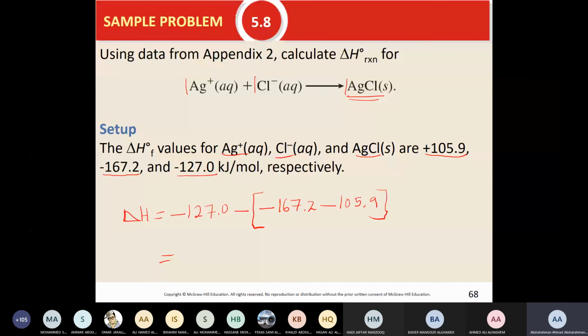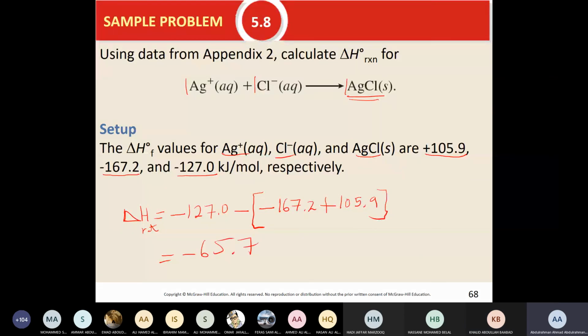Then you have the delta H of the reaction. Isn't it plus 105? Doctor, it should be plus. It's in parentheses, so it's all the same. I'll multiply it by minus at the end, and it will be all plus. Exactly. I put them as they are, but I multiply them at the end by minus. In the original equation, it's plus. Yes, it is plus, I'm sorry, you're absolutely right. The answer is minus 65.7. So I can calculate the delta H for this reaction by this number.